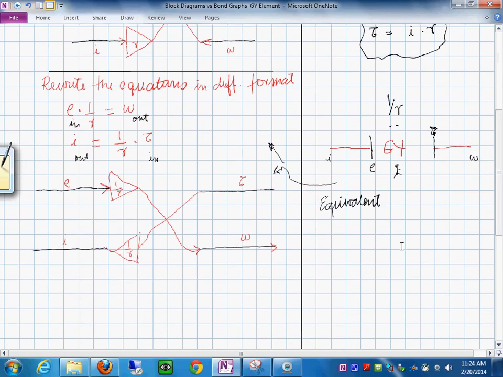But from this, you can very easily find that E times 1 over R is equal to omega.